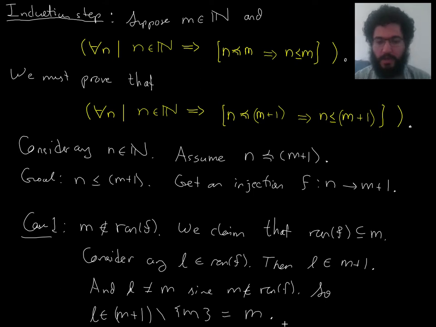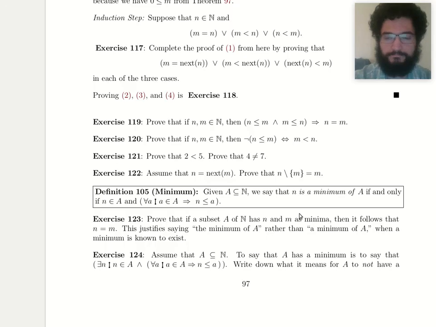I think we have a result like that somewhere. Yeah, right here, exercise 122. I think some of you guys did this for your presentation. This is expressed in terms of next. So now we know how to write this next M as M plus 1.